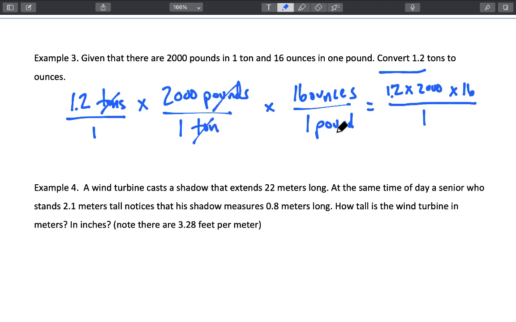Pounds are going to divide by pounds. And I'm going to be left with an answer that's just in ounces. So this will give me the number of ounces in 1.2 tons. When we do that multiplication of 1.2 times 2,000 times 16, we're going to end up with 38,400 ounces.